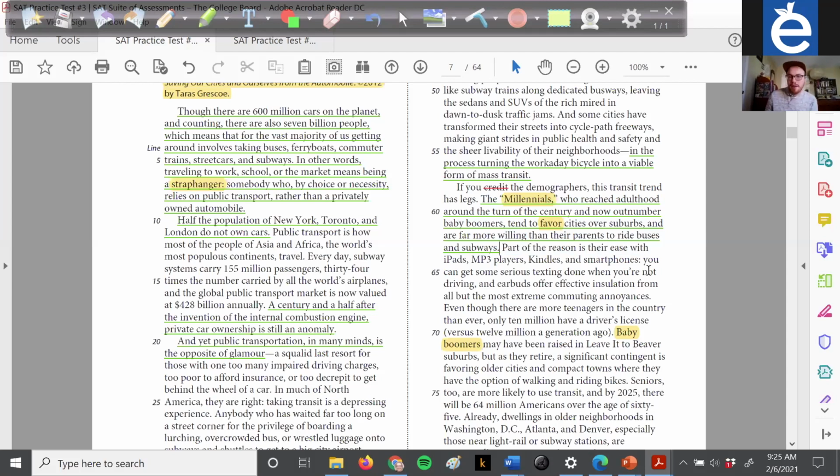So if you're favoring cities over suburbs, what does that generally mean? Well, what else could we plug in there? They tend to prefer cities over suburbs. Honestly, we could put in the words tend to. They're inclined to cities over suburbs. Lean toward, maybe, if we wanted to get a little fancier with it.